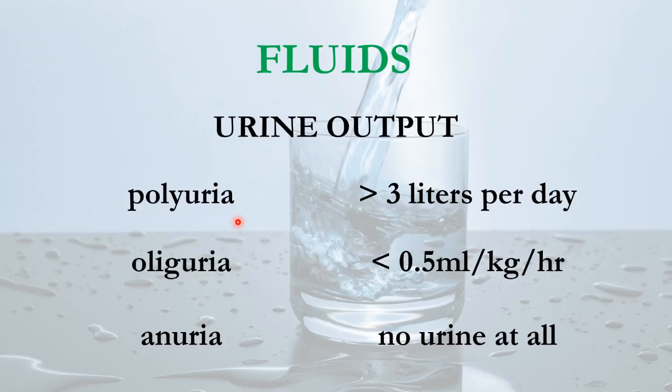If you cover this less than sign, this is the normal urine output. It should be 0.5 or half a mil per kilogram per hour. For example, I weigh 80 kilos. So per hour, I should be passing roughly 40 mils. That's half of my body weight in simple terms.